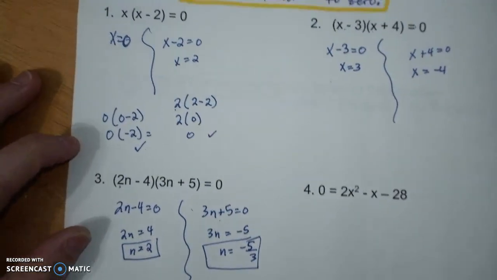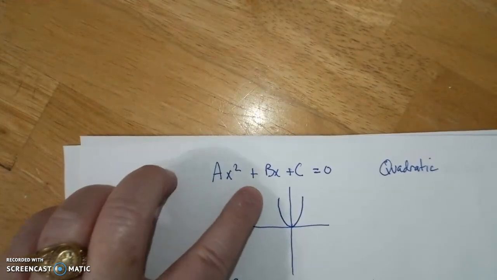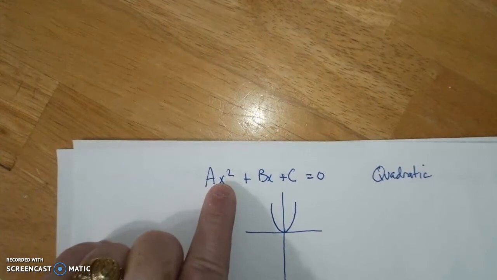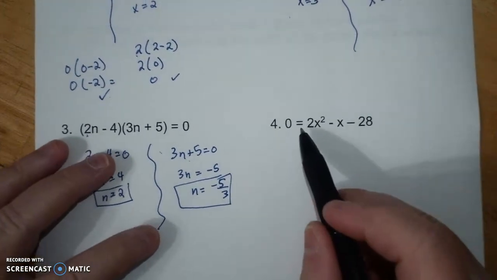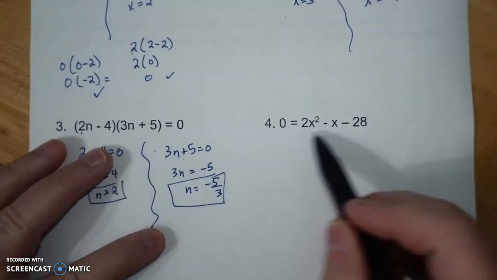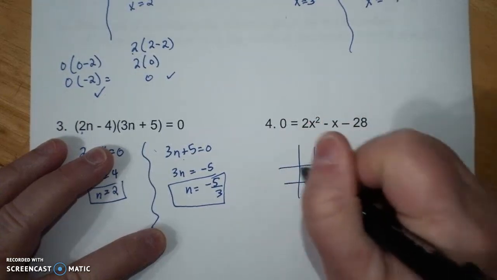When you have equations that say ax squared plus bx plus c, that too means there are at most 2 solutions. Notice we now have it not factored, so we're going to have to factor first.